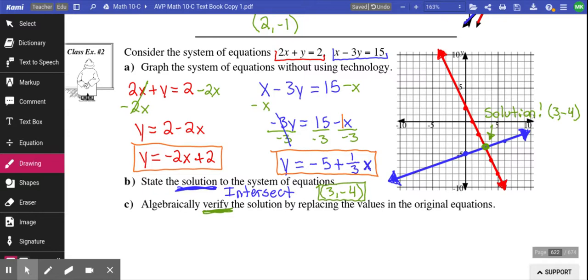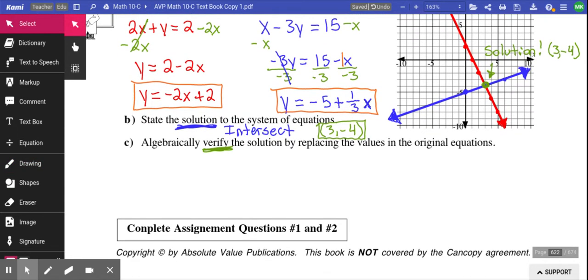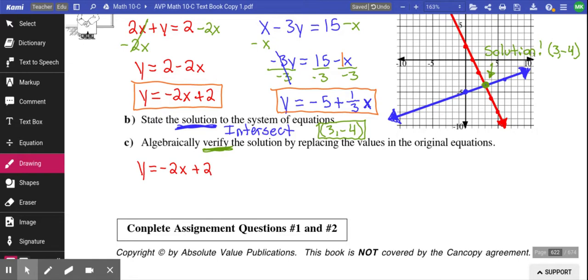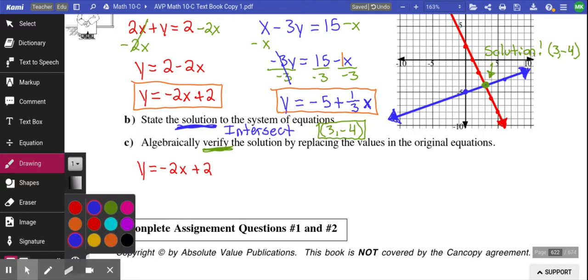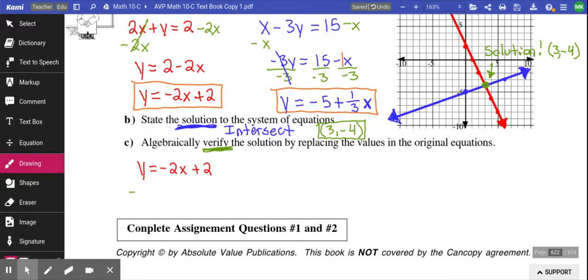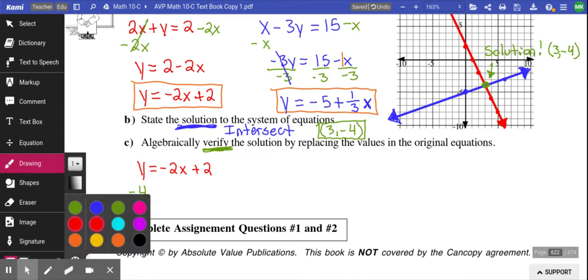That means that if I was to actually put that into my equation and change y and x to be the values I said, would it work? So for instance, I'm going to go to this equation. I'm going to change y to be -4. And I'm going to change x to equal 3.